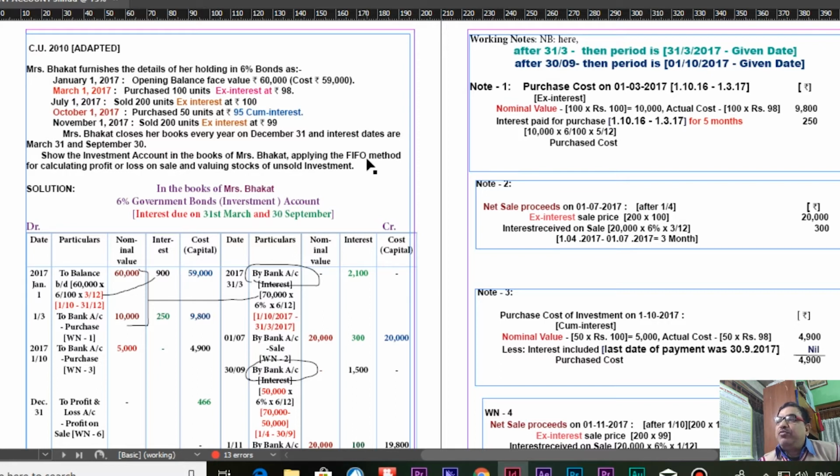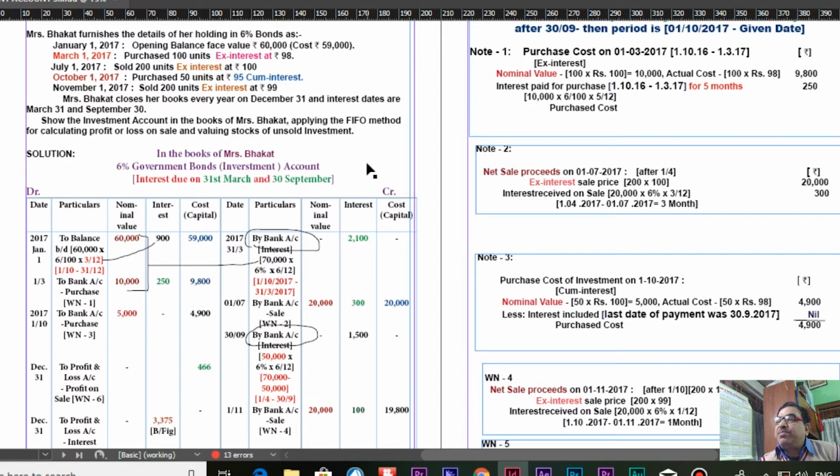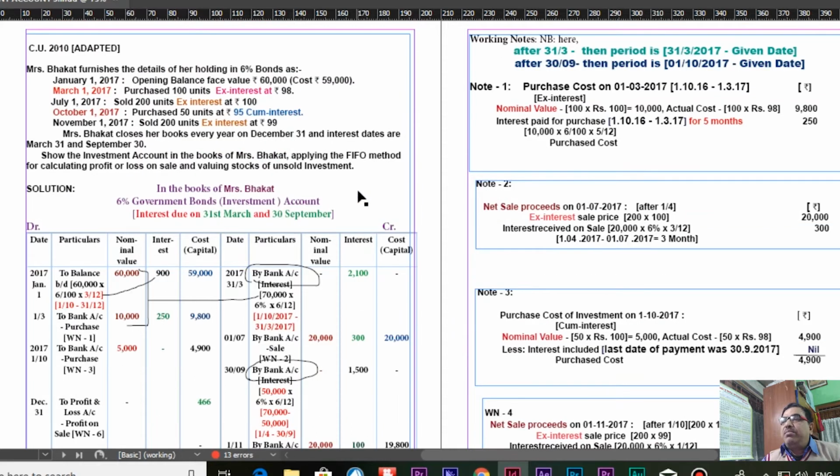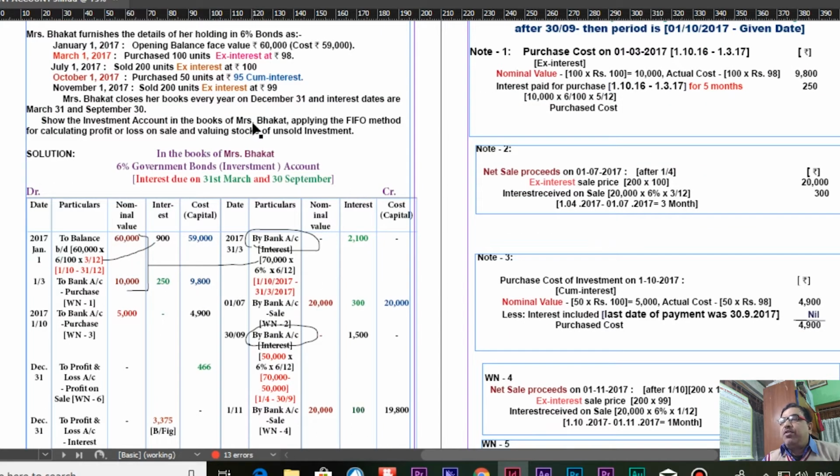Now I am going to show you what is FIFO method under investment account and how to calculate. Now draw a chart of investment account. It is nothing but a ledger chart. Date column, particulars, nominal value, interest column, cost or capital column, and likewise on the credit side.